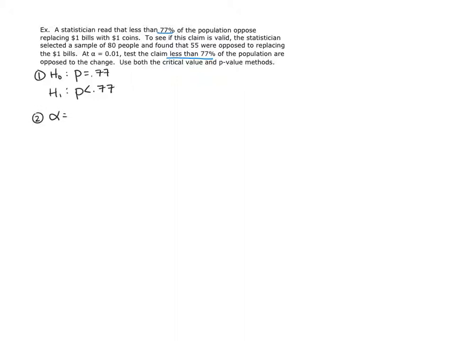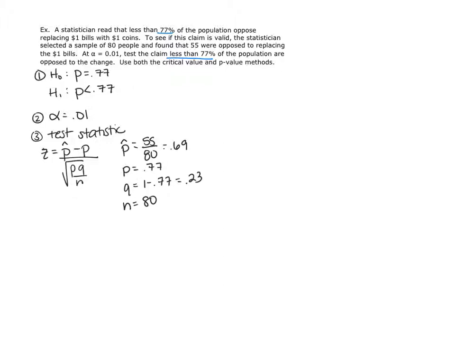My level of significance is 0.01, and my third step will be to calculate my test statistic. Using the formula for the test statistic, we can identify the value of the variables from the problem. P hat is our sample proportion, 55 divided by 80, which is 0.69. P is our null value from the null hypothesis, which is 0.77.